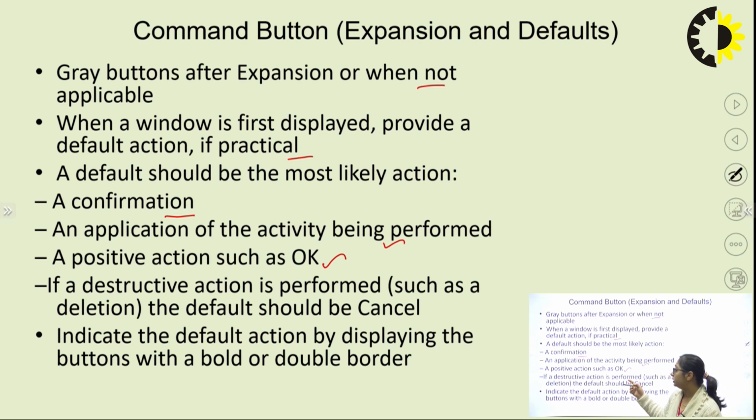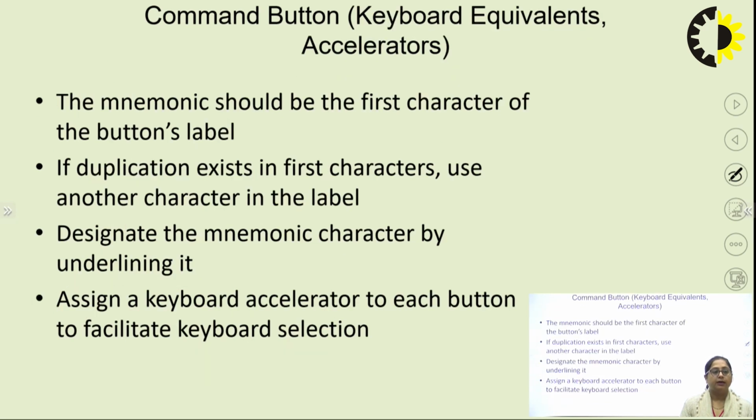But a destructive action means it performs something such as deletion or cancel. Okay, this is destructive in nature, and you indicate the default action by displaying the button within a bold double border. Okay, so gray means an inactive control at a time and white means an active control at a time.